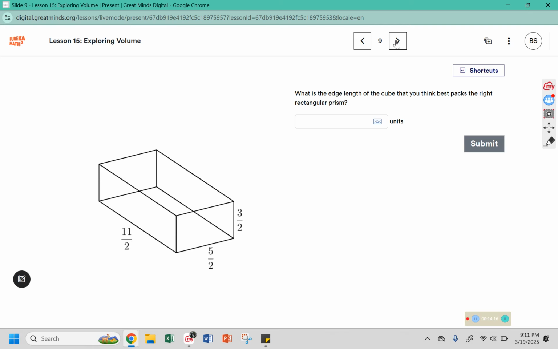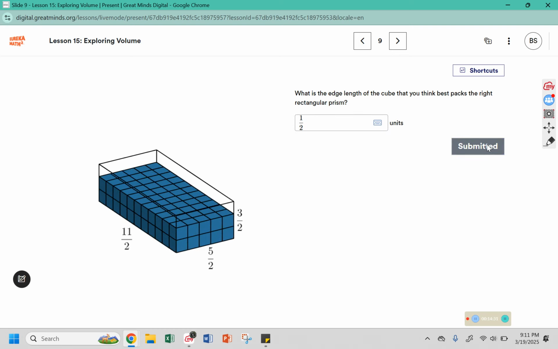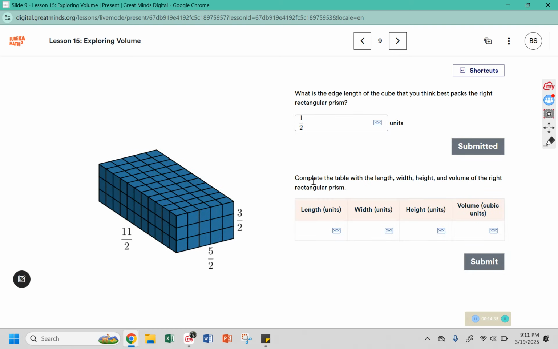What is the edge length of the cube that you think best packs the right rectangular prism? Since the denominator is a 2, I would use 1/2. Complete the table with the lengths, widths, and height and volume of the right rectangular prism.